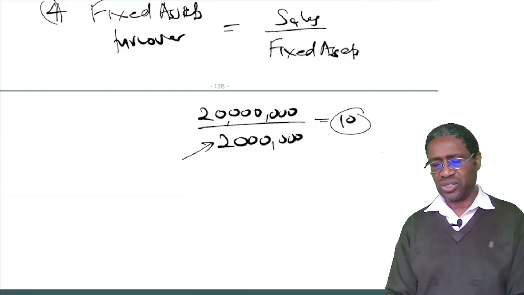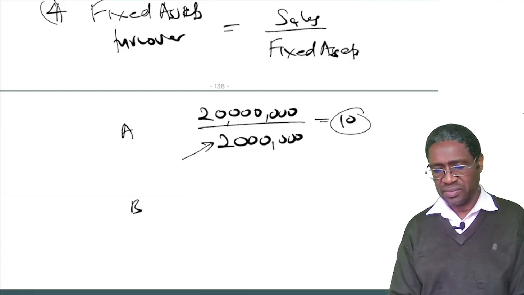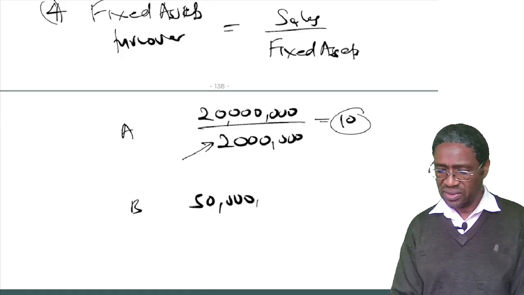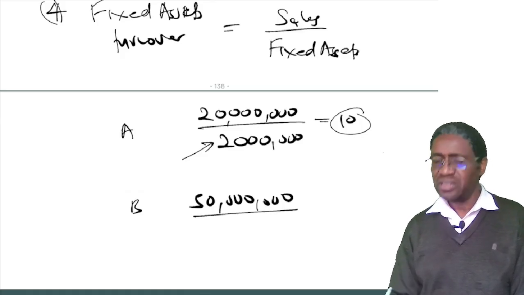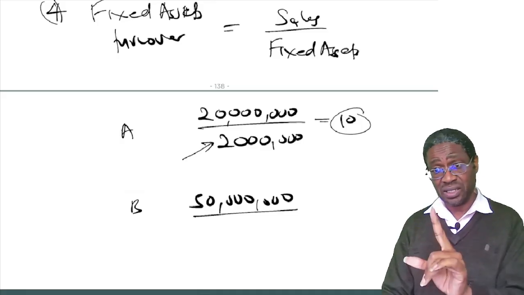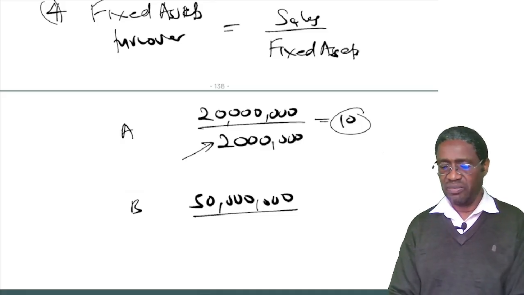Another company, let's call this A and this B. Their sales are 50 million and their fixed assets were 10 million.